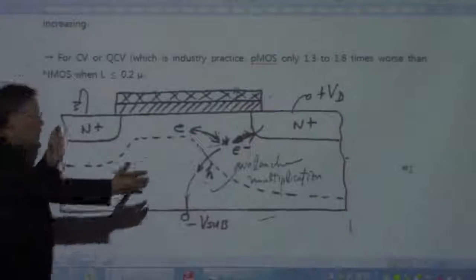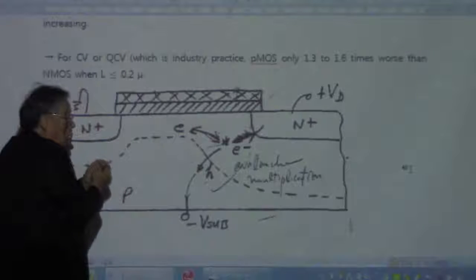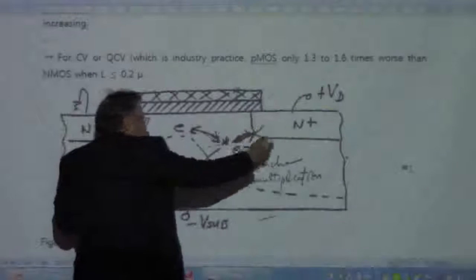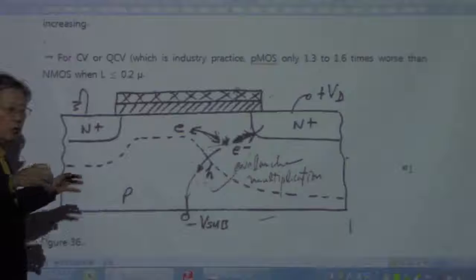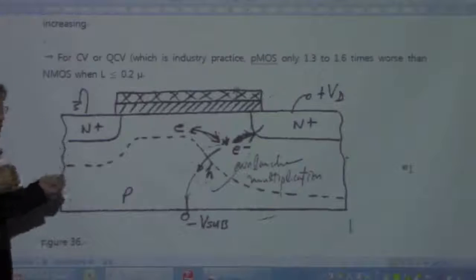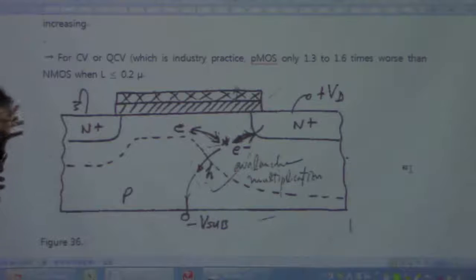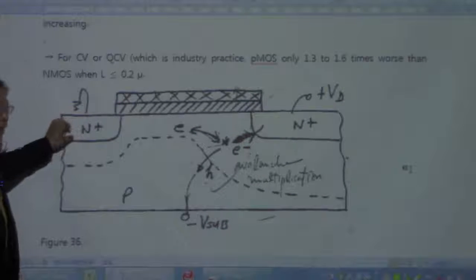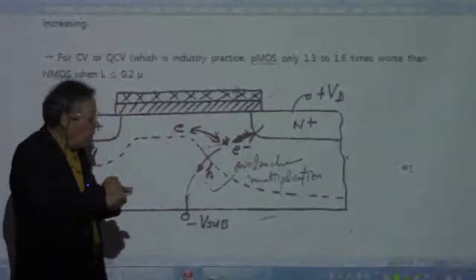Okay, when the device becomes miniaturized, you have seen in threshold voltage that the RJ has to be small to reduce the sensitivity to the geometry, which means when you scale down the device, you have to have shallow junctions, and RJ should be very small.